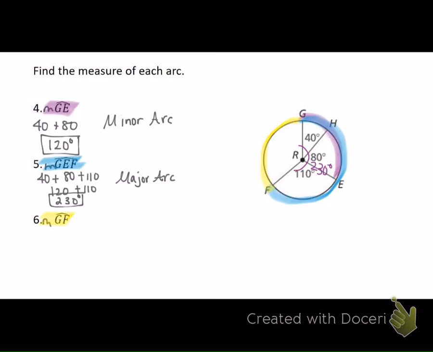So Daniel said if I do 360 minus 230, because a circle has 360 degrees, I get 130 degrees. Is that a major or minor arc? All right. Questions there before we move on to the next one?